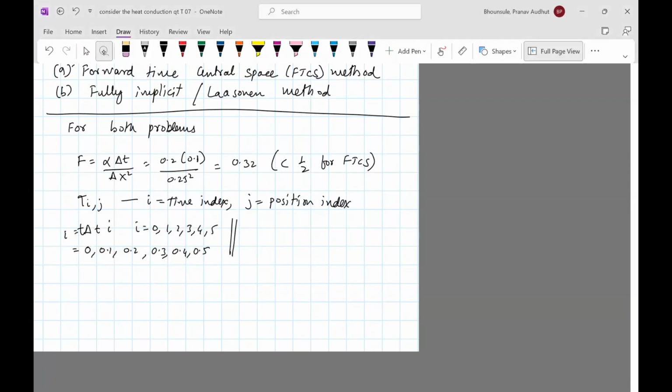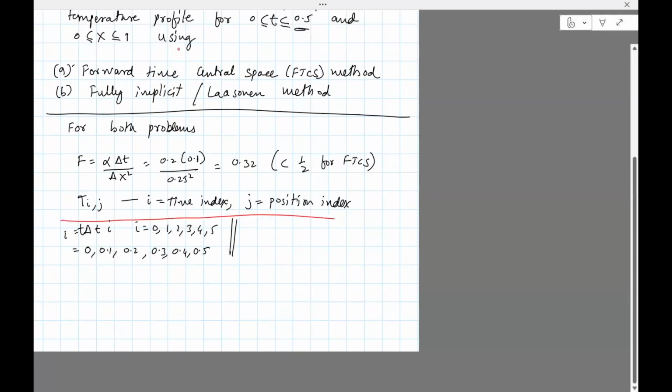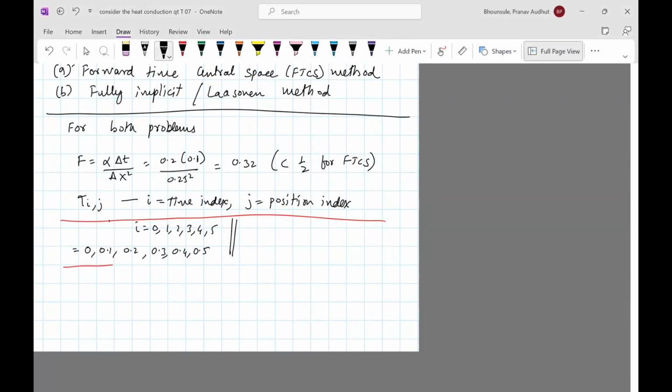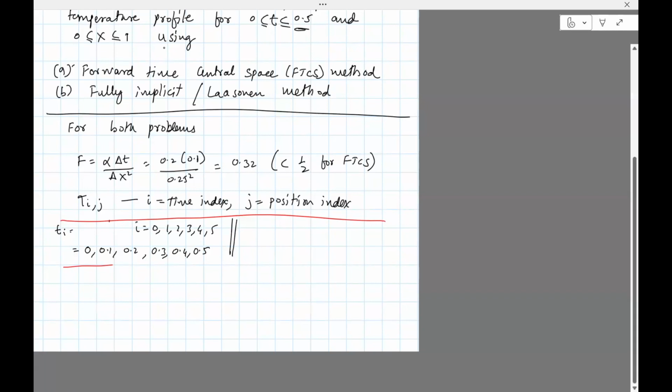And then for x, we need to go delta x times j, where j will go 0, 1, 2, 3, 4.